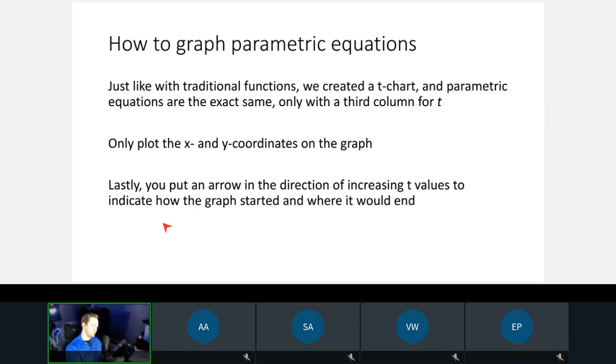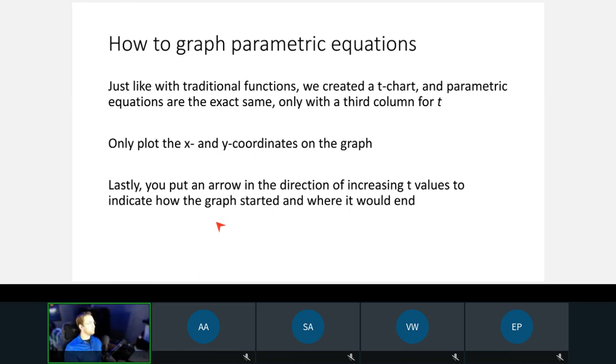So that t value is only used to find out your x and y values. So you are not graphing t. We're not creating a three-dimensional graph. Hopefully that's clear. Even though we have a third variable, you're only going to graph or plot the x and y values we find.